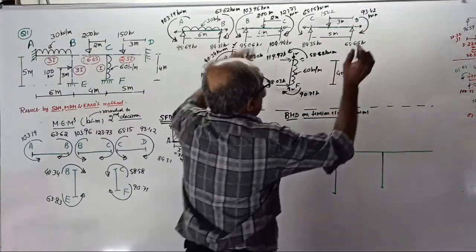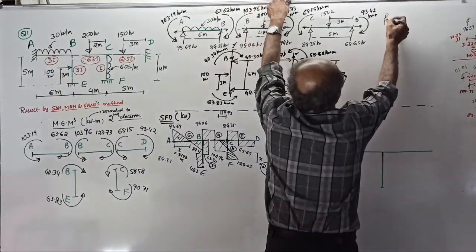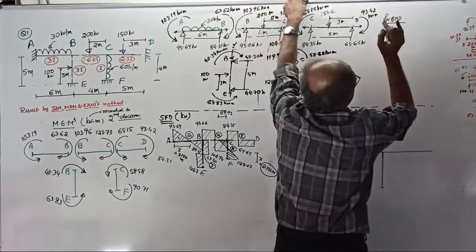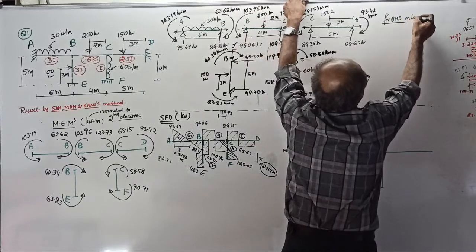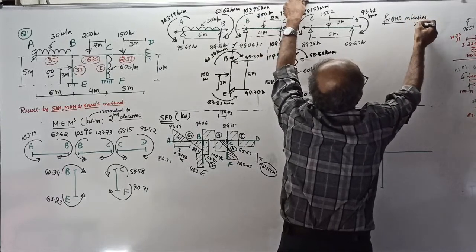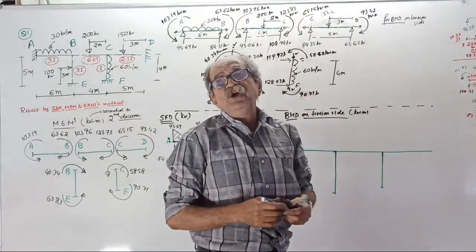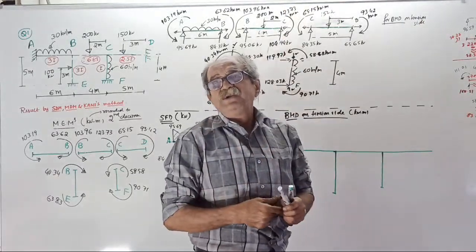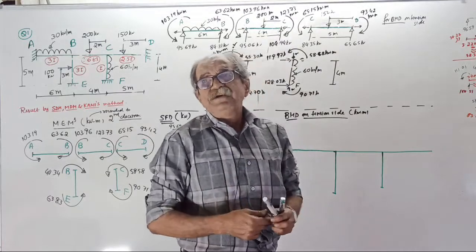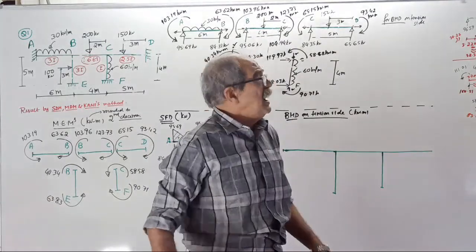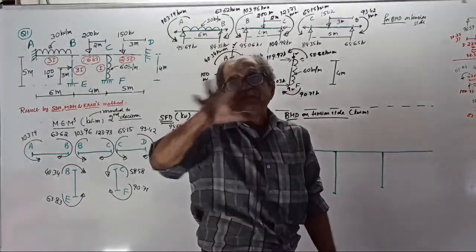See, for the bending moment diagram, be careful. We want BMD on the tension side. But still, while calculating, you require a sign convention. What you do is calculate the bending moment based on sagging positive. I am telling class after class.